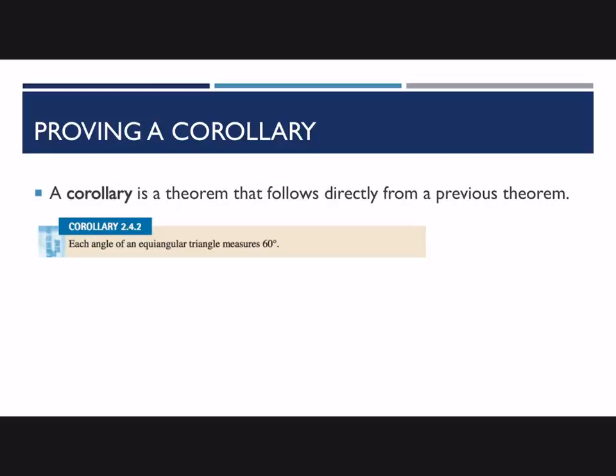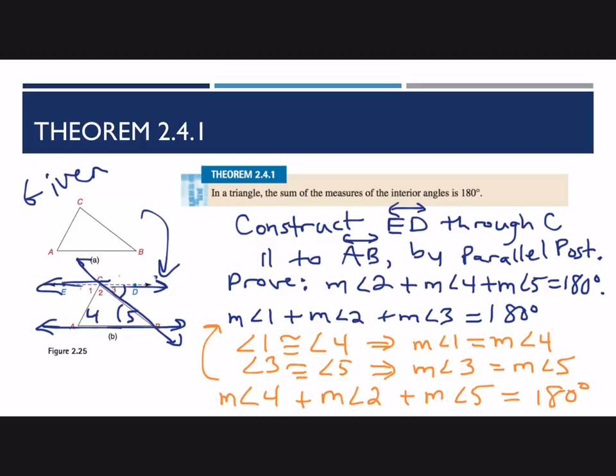So you'll usually see these follow consecutively right after a previous theorem. And so in this case, corollary 2.4.2 would be a fact that's based on the theorem right before it, which was this one: in a triangle, the sum of the measures of the interior angles is 180 degrees.